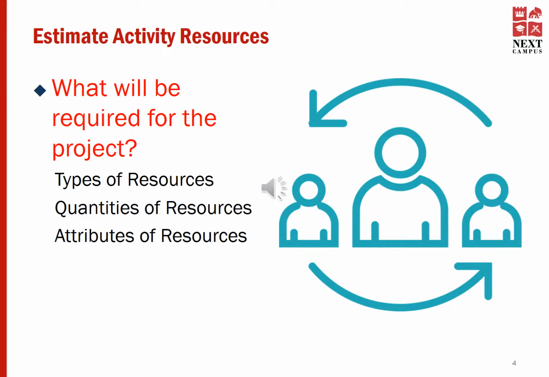Pretty much anything that is being used in a project other than the cost is considered the resource. Cost is estimated using a separate process. There's a separate process in order to look into the cost perspective, which is called cost management.